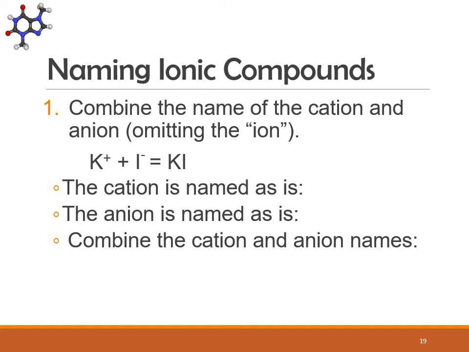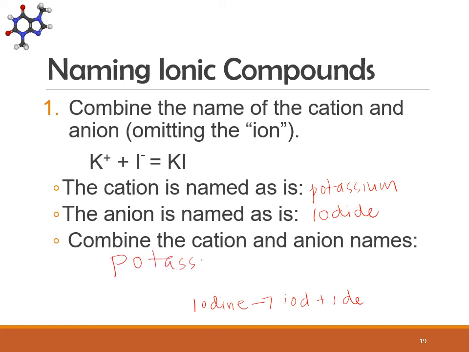So, for our example, KI, the name of the cation is potassium. How do we name the anion? The stem of iodine is iod-. We add -ide, so this is iodide. Combining the cation and the anion names gives us potassium iodide.